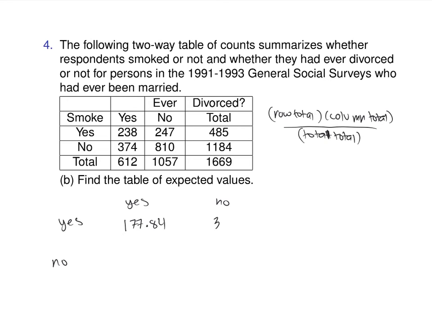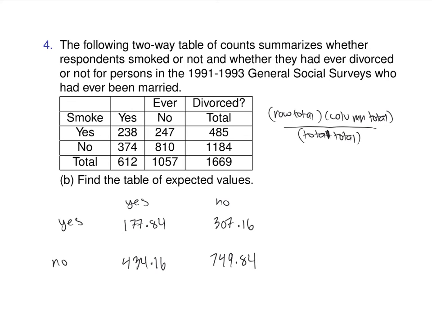The second is 307.16. This one is 434.16. And the last one is 749.84. On my notes that are online, I have the work written down as well if you want to see it, okay? Like I put down what numbers I multiplied to get them. And remember these, you have to always have 2 decimals of accuracy. Don't round, okay? Oh, round, but 2 places, okay?